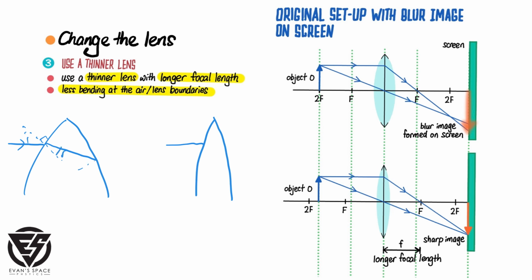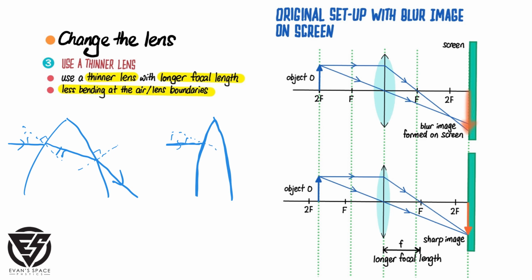And likewise, the normal is over here and it enters into the air, the speed increases, so you'll bend away from the normal. But if the lens is thinner, you can see that for the same incident ray, the I will be smaller.